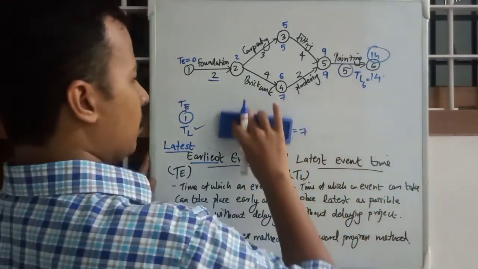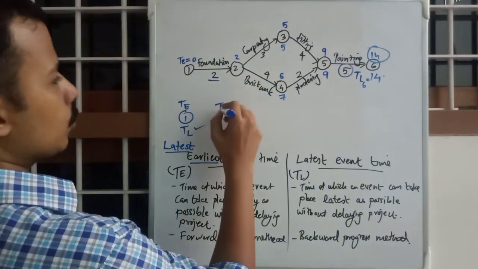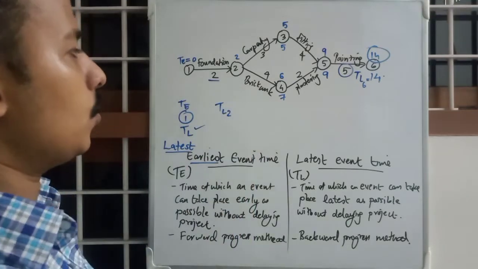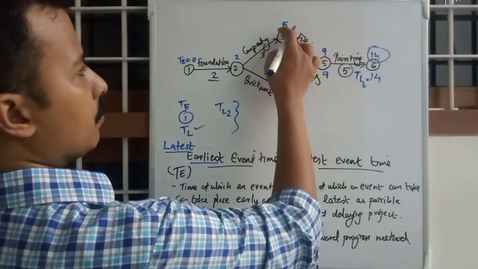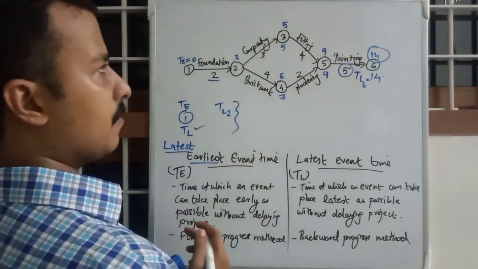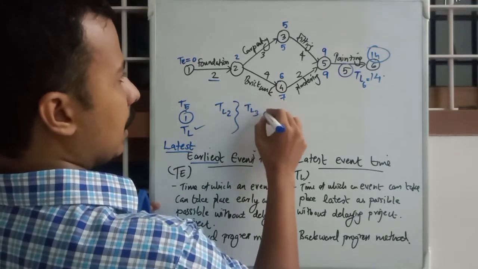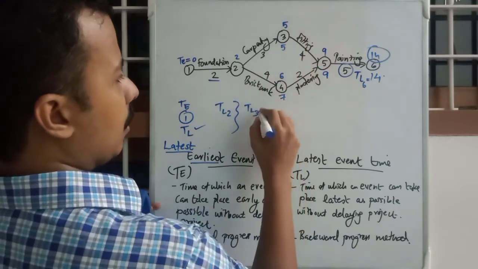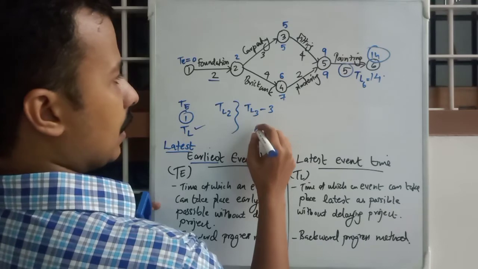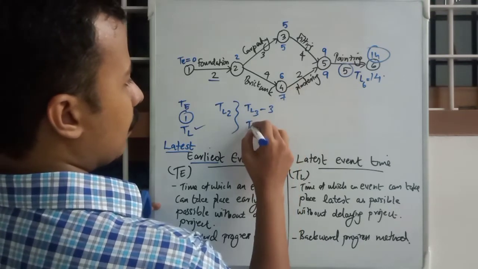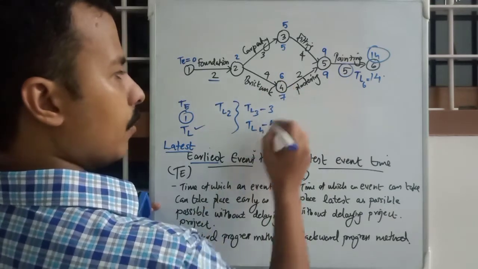And for TL, this one will be the tricky one. TL2 will be equal to, you will again have two values, from TL3 and TL4. TL3 minus 3 can be a value, and TL4 minus 4 can be a value.